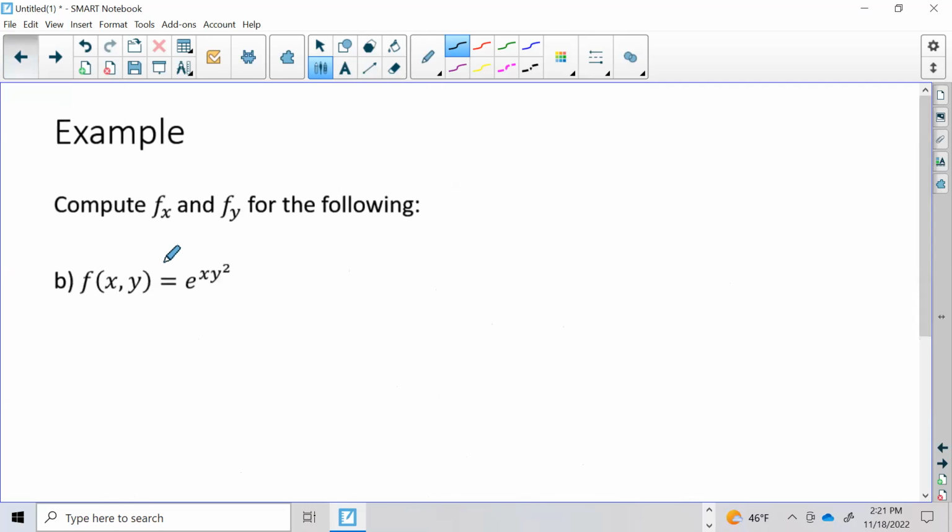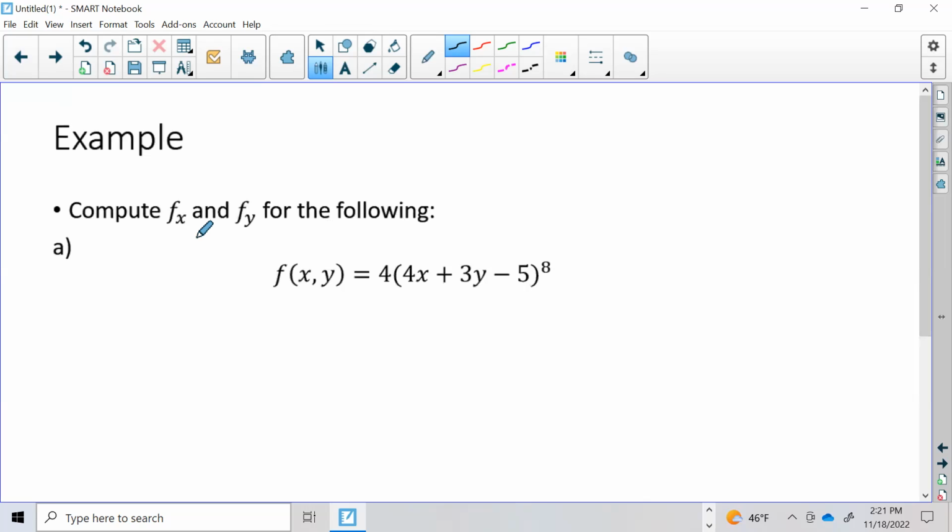Okay, so let's look at a few a little bit harder examples. So again, we want the partial with respect to x and the partial with respect to y. So again, for this one, x is the variable. y is constant. So for this one, we have 4 times the quantity, 4x plus 3y minus 5 to the 8th. So this one, again, we have something with our variable to the 8.